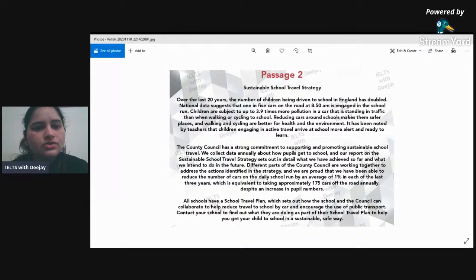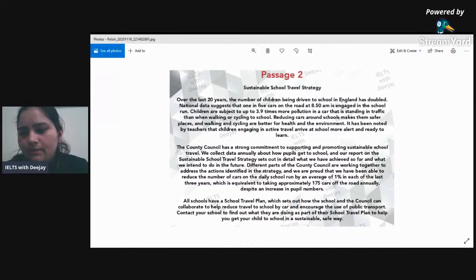Okay, the third one is true. Yes, the answer is correct because they are saying the council is taking information about travel to school. They are checking how children are traveling to school, and the information is there in the passage.